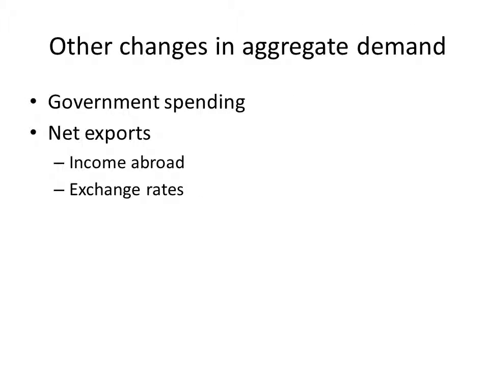What are the other changes in aggregate demand? Well, one's government spending. Notice here we said government spending, not government consumption, although government consumption is what we measure in GDP. Any increase in government spending is going to have an impact on the economy, whether it's a transfer payment or it's government consumption. On the other hand, what's important is that government consumption has a bigger impact on the economy than transfer payments.